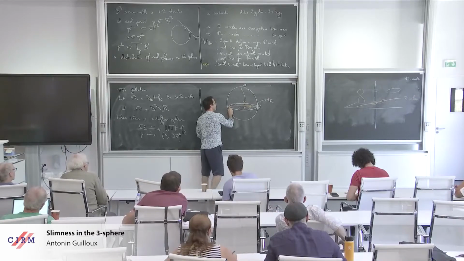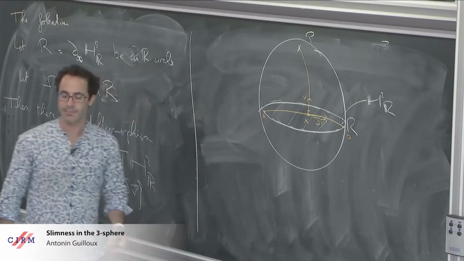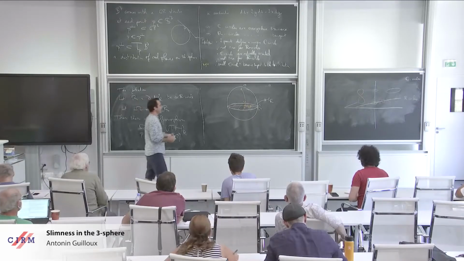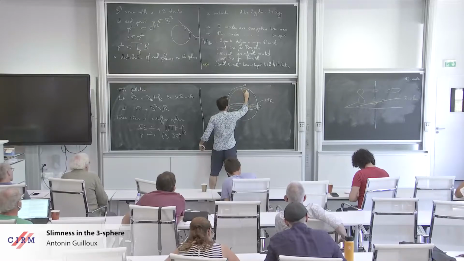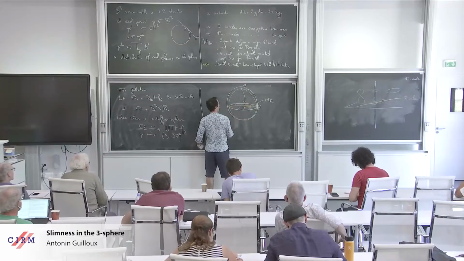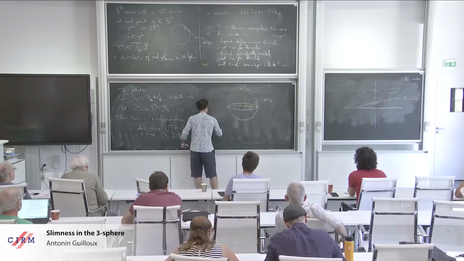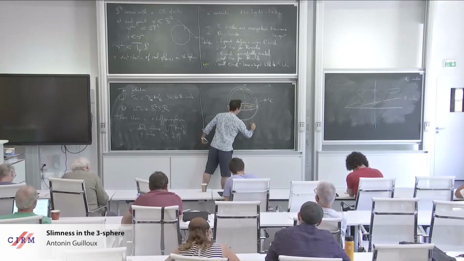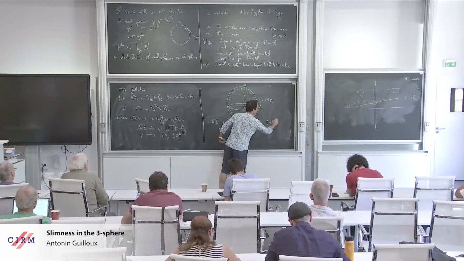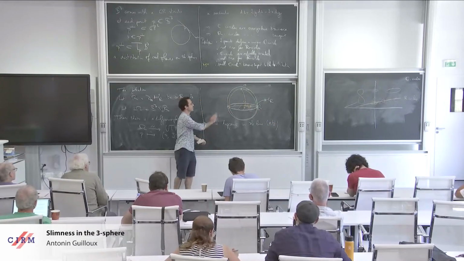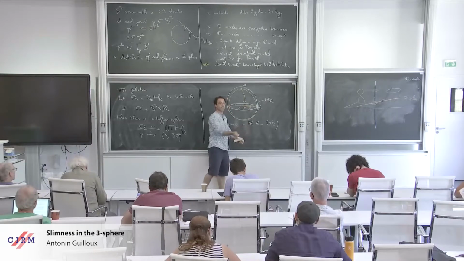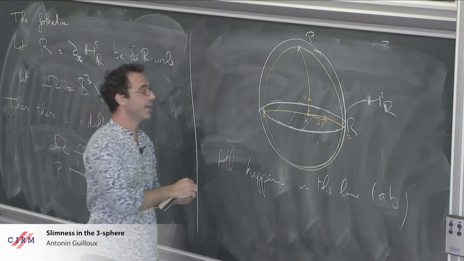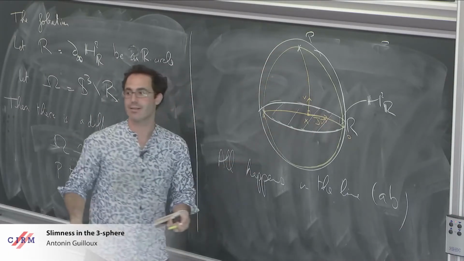I have two endpoints of my geodesic, I call A and B. And all this picture, in fact, happens in the complex line through A and B, because J, the complex structure, preserves this complex line. So everything happens here. And so what we see here is a C circle.